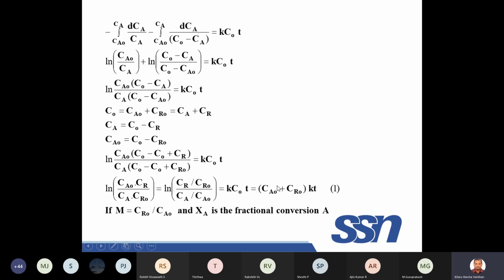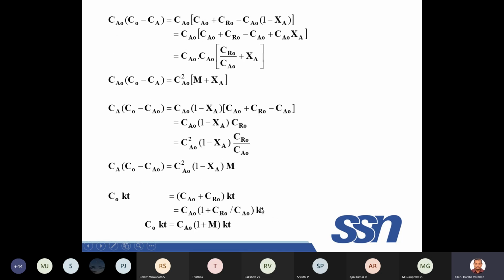If you put M as Cr0 by Ca0, the initial concentration ratio of R and A, and Xa as the fractional conversion, then you do the differentials, A into the differential of B and B into the differential of A. Otherwise, Ca you can write as Ca0 into 1 minus Xa.